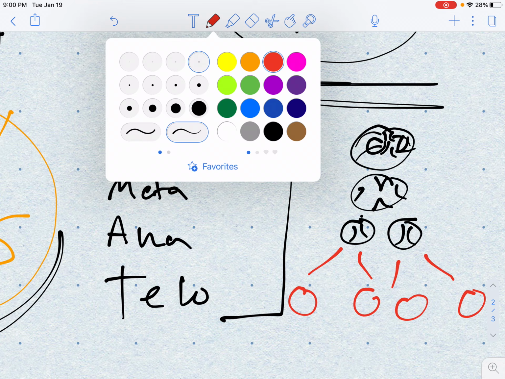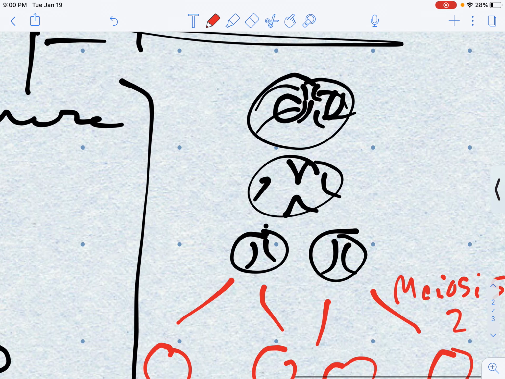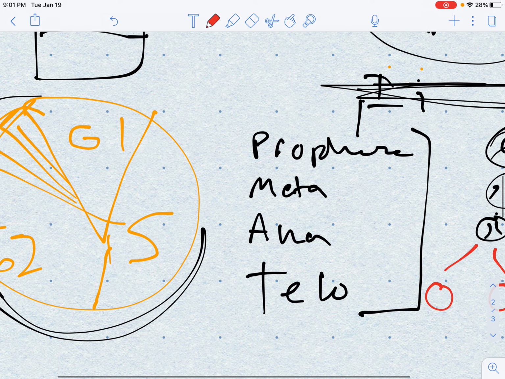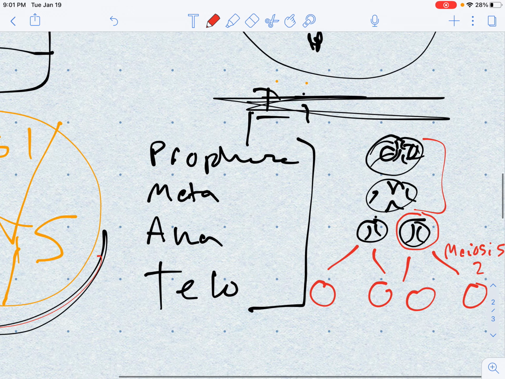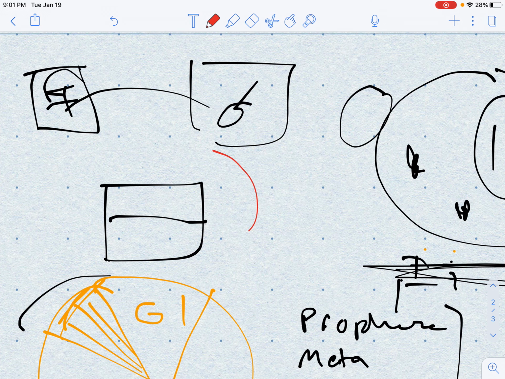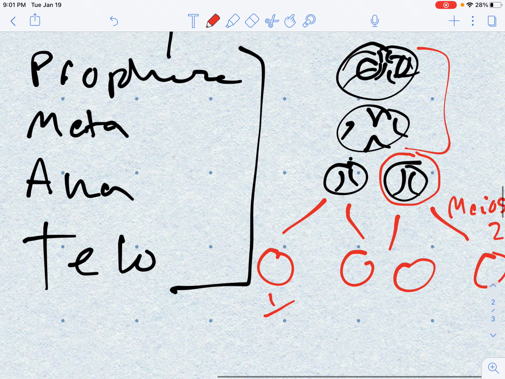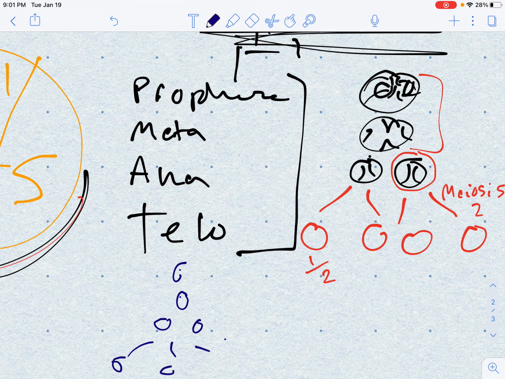And the reason this part has its own name is because these cells don't go through the regular life phase that the body cell did, because remember, the parents want to give only half their genetic stuff over, and we want each of these to have exactly 1/2, so that if this is the dad, and this is the mom, and then this has to be 1/2 as well.